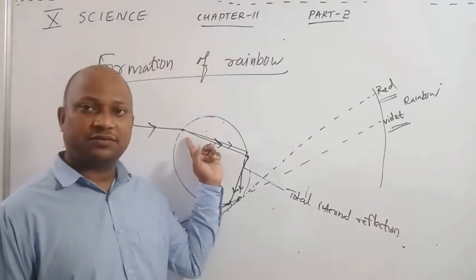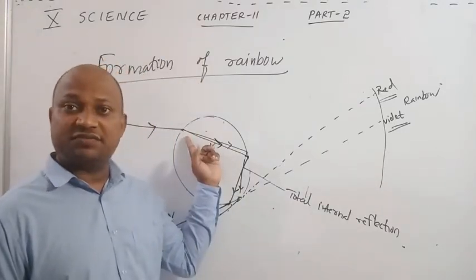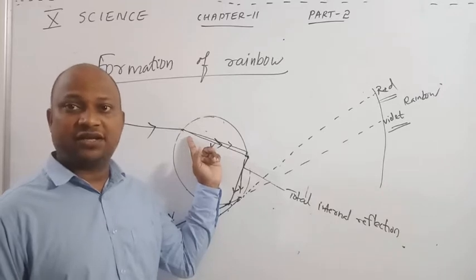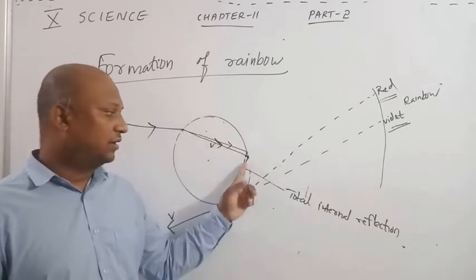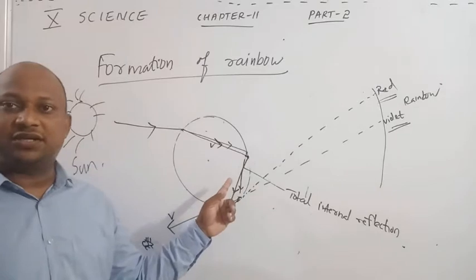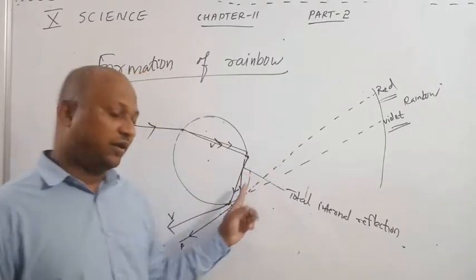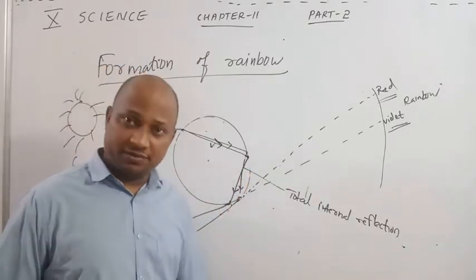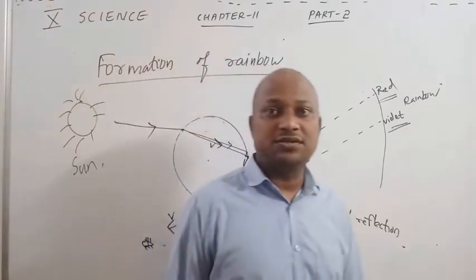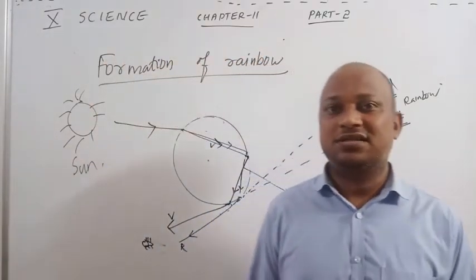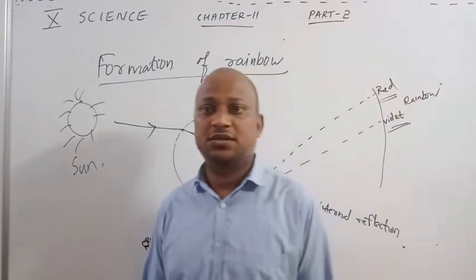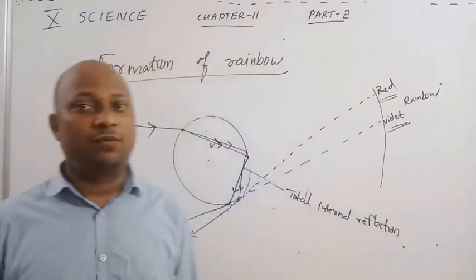Dispersion of light, when it refracts it disperses, and when it refracts actually total internal reflection takes place, and here when it refracts again more dispersion takes place. So this is how the dispersion of light occurs in a water droplet.